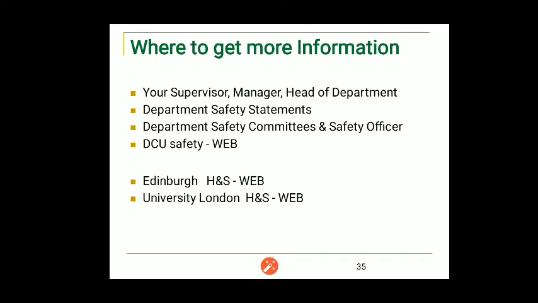Next are the department of safety and communities and safety officers, DCU, domestic consumer utilization safety, and the university. We can also inform you where to get this information.